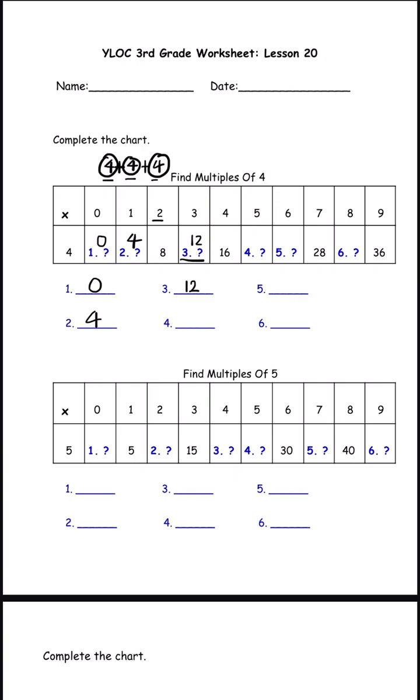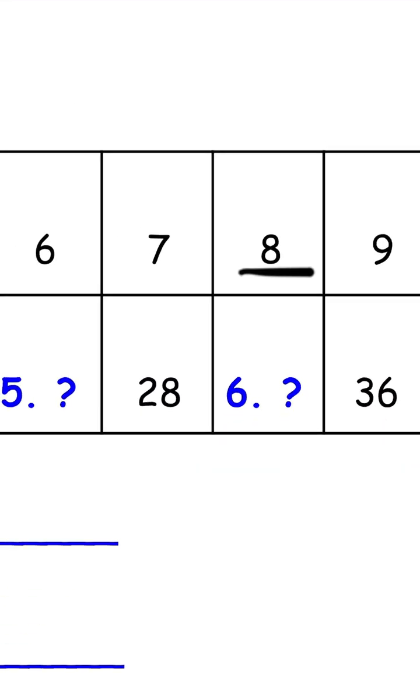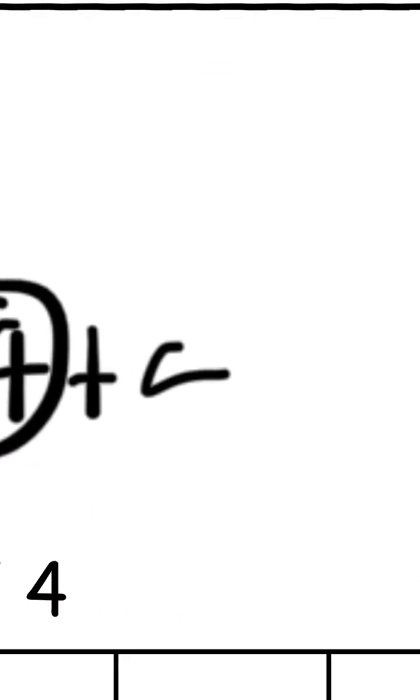And then let's look at number 6. For number 6, it says 4 times 8, which means there are 1, 2, 3, 4, 5, 6, 7, and one more, 8.